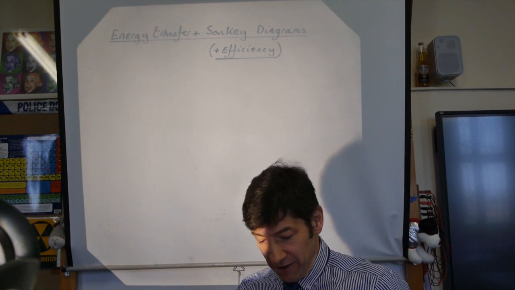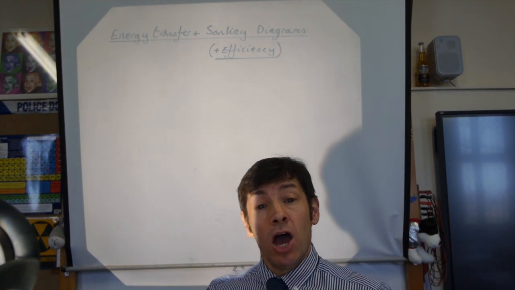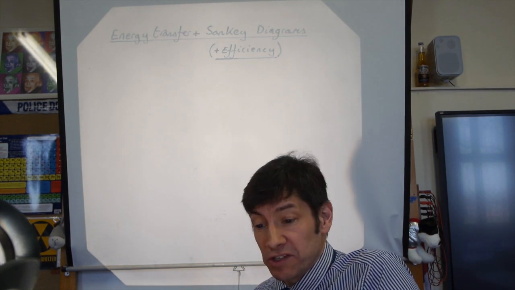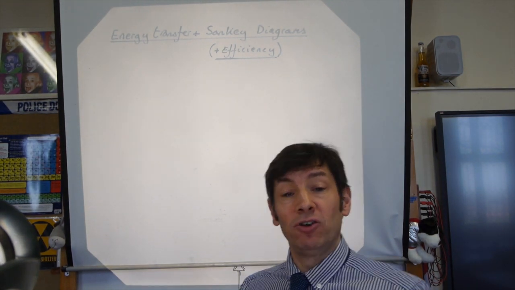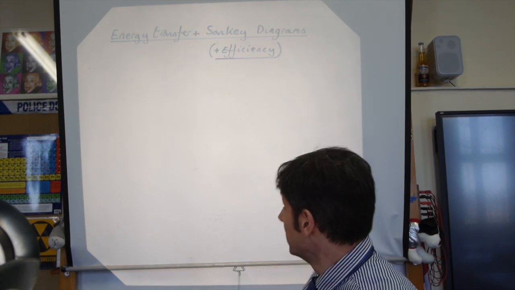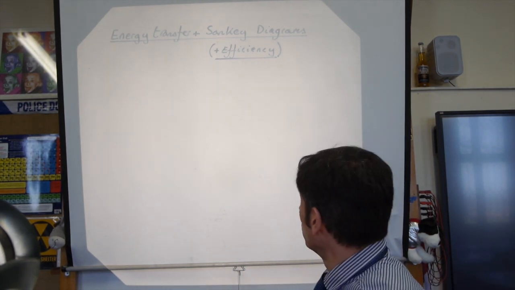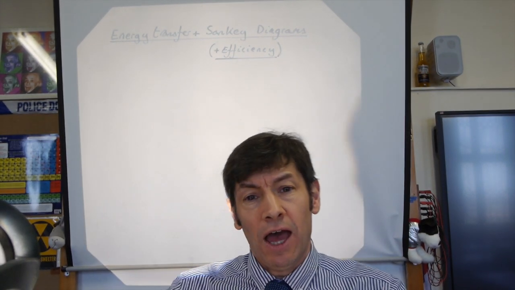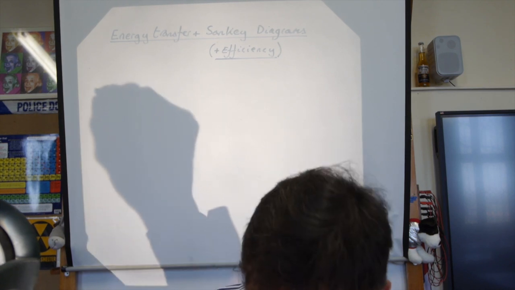Okay, so now let's have a look at a better way of demonstrating energy transfers, and something we call the Sankey diagram. And then I'm going to have a look quickly at how that shows us what's meant by efficiency. So if you were to draw the energy transfer in a light bulb, you might do something like this. In the light bulb, okay, so it's electrical.